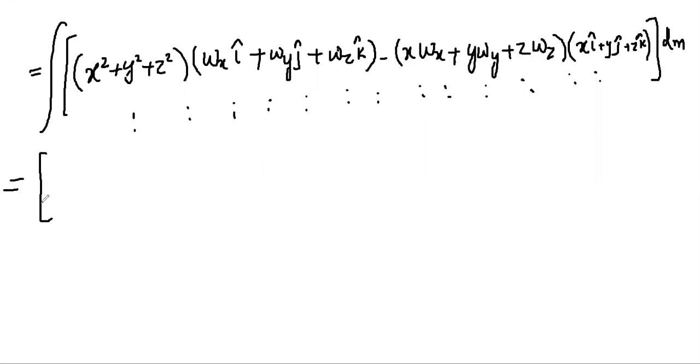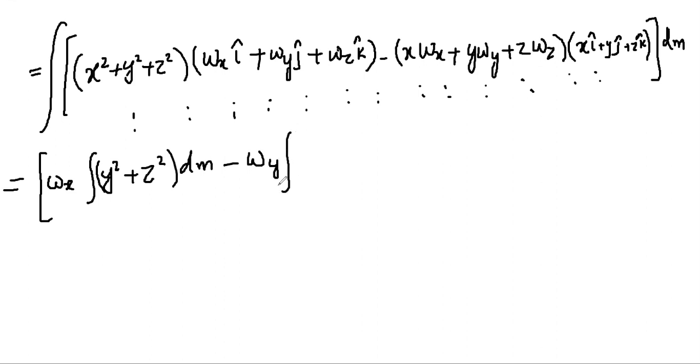this can be written as omega x, since angular velocity we are assuming to be constant, omega x integral of y square plus z square dm, minus omega y integral of xy dm, minus omega z integral of xz dm, and this will be along i cap.